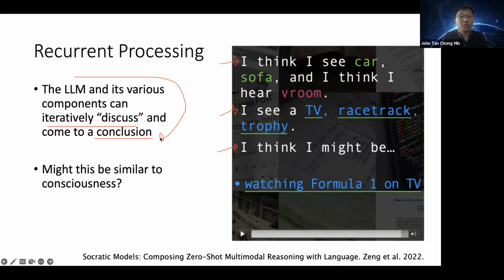If you have heard of Jeff Hawkins on intelligence, or the book called Thousand Brains Theory, he also talks about cortical columns, the neocortex columns, voting with each other. And this voting leads to a joint decision. So I'm thinking this sounds quite similar to this process. Although it's not in neural impulses, we're using words. But in my own opinion, as long as it works, we don't have to go to the impulse level.